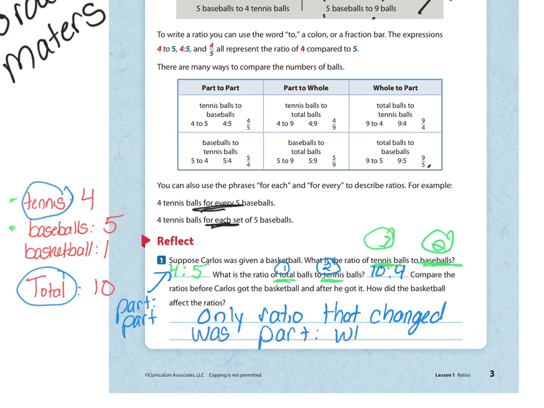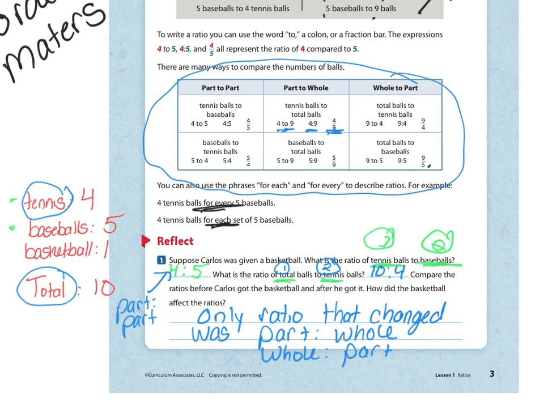Or whole to part in this case, because they did the whole first, which was the total. So when we add a new amount, that total now is 10, instead of up here, where it was always 9. So reread through here. Focus on this. Really focus on that part to part, part to whole, and whole to part.